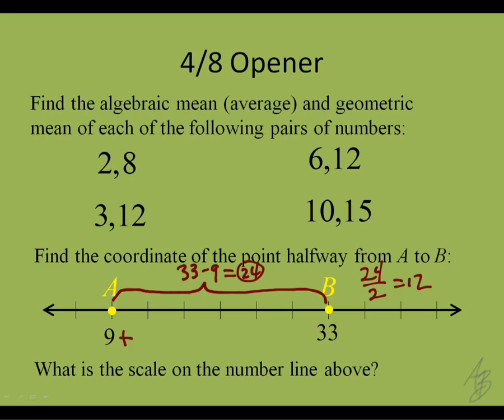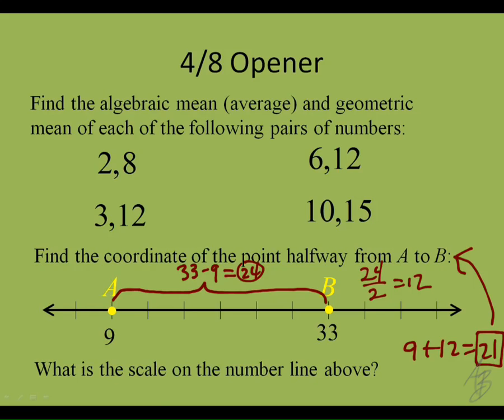Actually, I'm going to write this somewhere else so I don't get it confused on my grid. So we'll do 9 plus 12 equals 21. And this right here is actually the answer to what I was looking for. Okay, that is the coordinate. The coordinate is just the location of the point halfway between A and B.